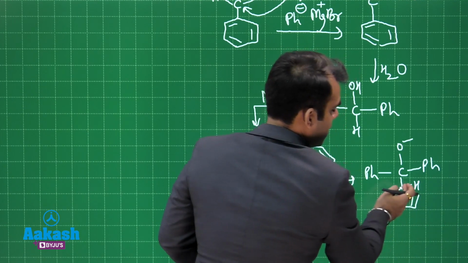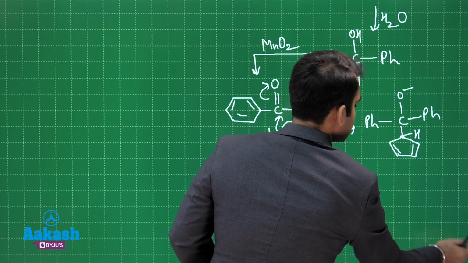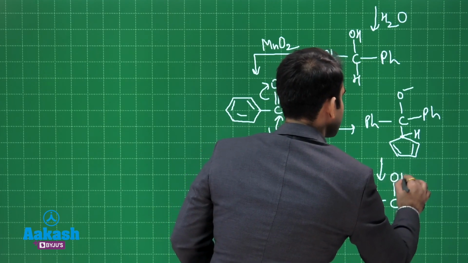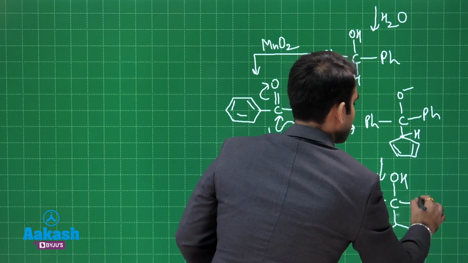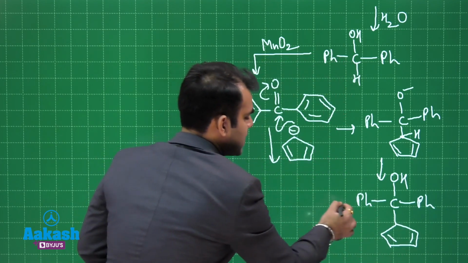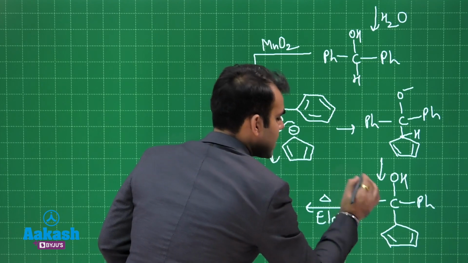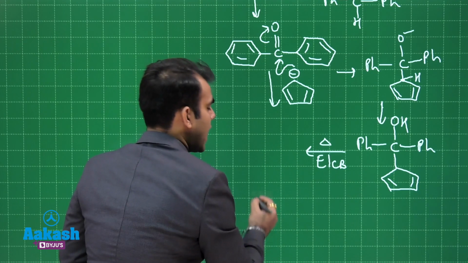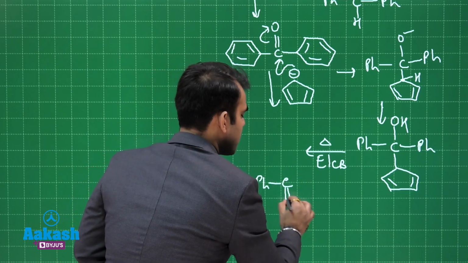Now this carbon is acidic and finally this gets converted into Ph COH, and here we are having this. And after that, as we are heating it, there is E1CB mechanism, and because of the E1CB mechanism there is dehydration, and after dehydration what we obtain is C double bond this compound.